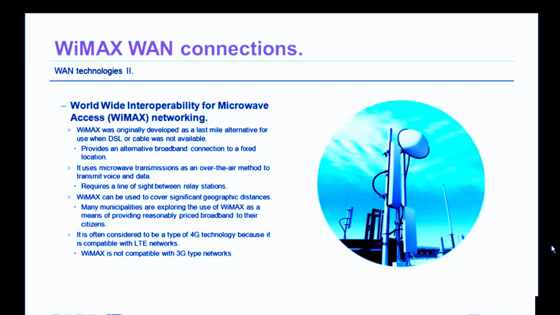Also, many municipalities are exploring the use of WiMAX as a means of providing reasonably priced broadband to their citizens without having to wire every household. WiMAX is often considered to be a type of 4G technology because it is compatible with LTE networks. But WiMAX is not compatible with third-generation cellular networks.